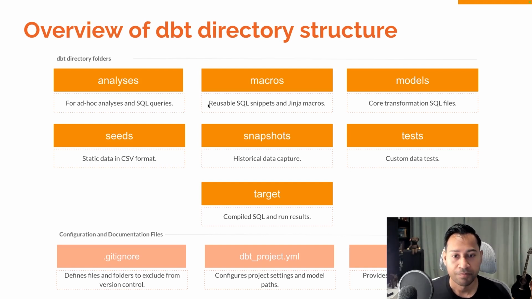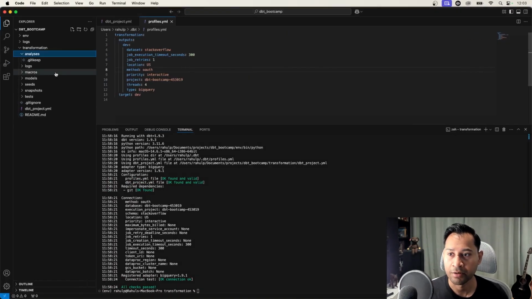The next one here is macros. The macros folder is an interesting one, especially if you're coming to the dbt world for the very first time. You might be wondering what this folder is for, and I can very quickly show you here. We have the macros folder, right?